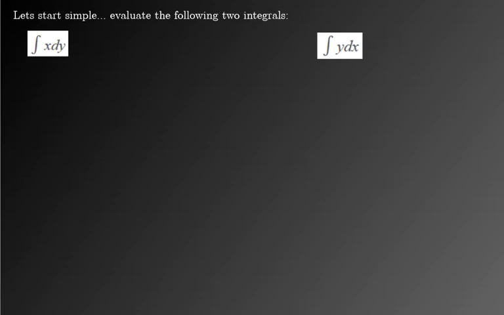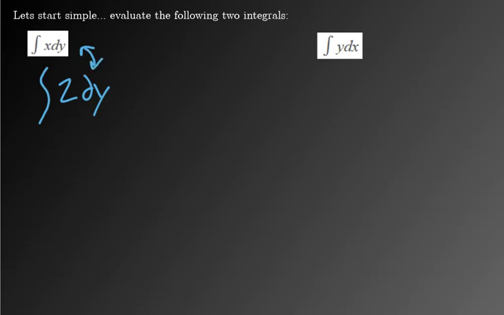If you do an integral like this first one, integral of x dy, the way I look at it is like if I did the integral of 2 dy, these two are very similar to me.